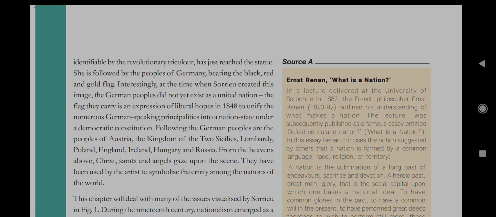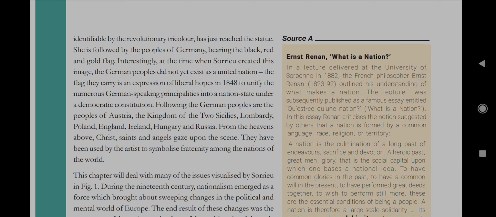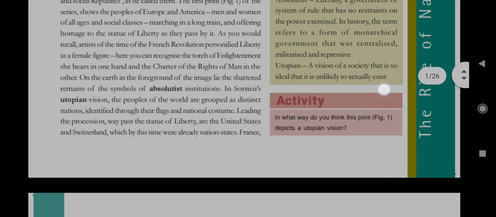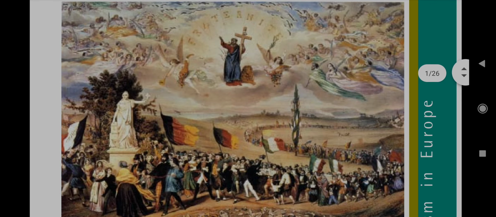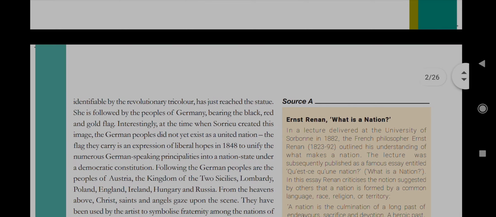She is followed by the people of Germany wearing the black, red and gold flag. Interestingly, at the time when Sorrieu created this image, the German people did not yet exist as a united nation. So when Frederick made this image, the German people were not a nation state, but still he made this to show that they are on the way to becoming a nation state.